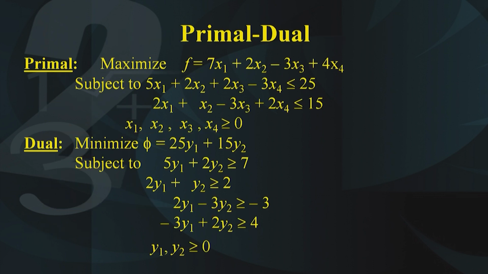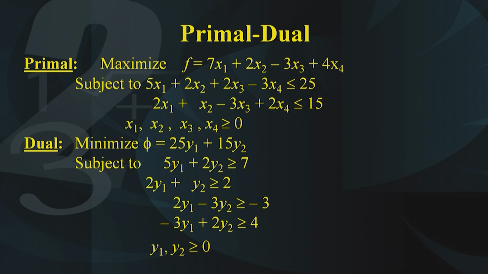Now, let us look at this primal and dual which is written here. What do you find? You find that there are two linear programming problems. The first one is called the primal problem and the second one is called the dual problem. Both of them are linear programming problems.